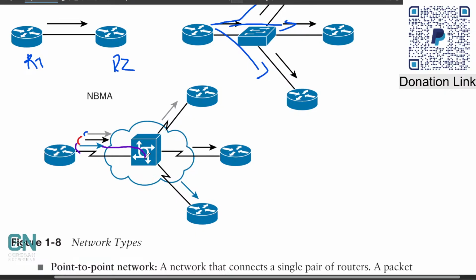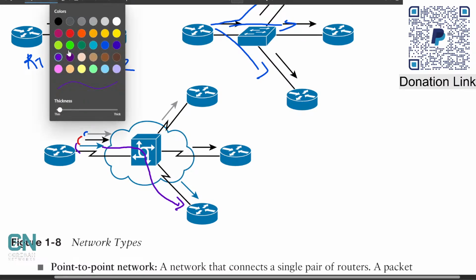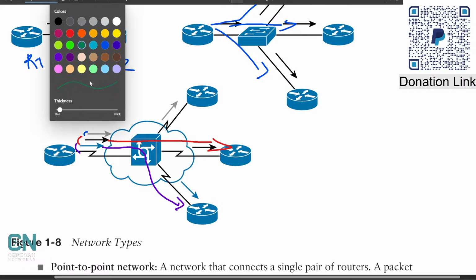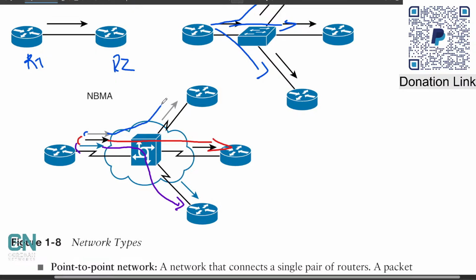For example, this goes here, and this goes here, and this goes here. Actually, we send three different traffic flows at the same time. However, they go to different destinations.